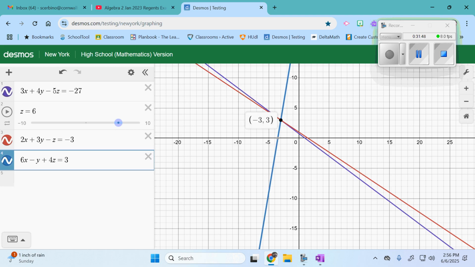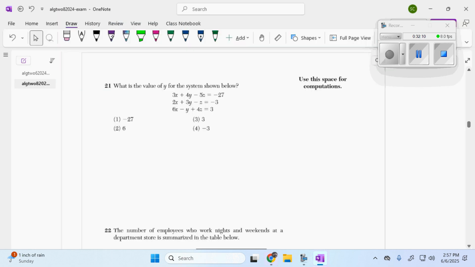And we've done that. So that x value of negative 3 is the x value of the solution of the system. That y value, positive 3, is the y value of the solution. And the z, which is on our slider, should be 6. So that's how we can check a free response system, or for this multiple choice question, just say, they want to know y is 3, we're done.